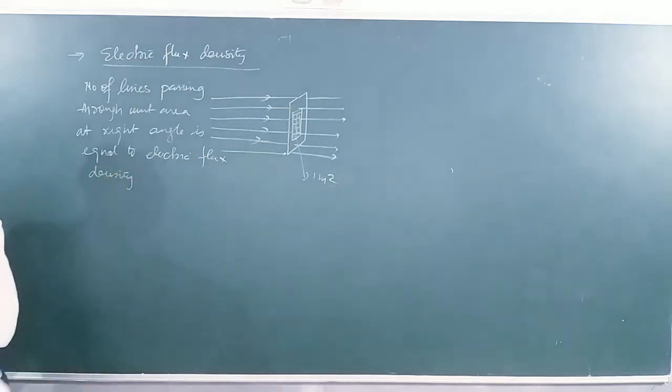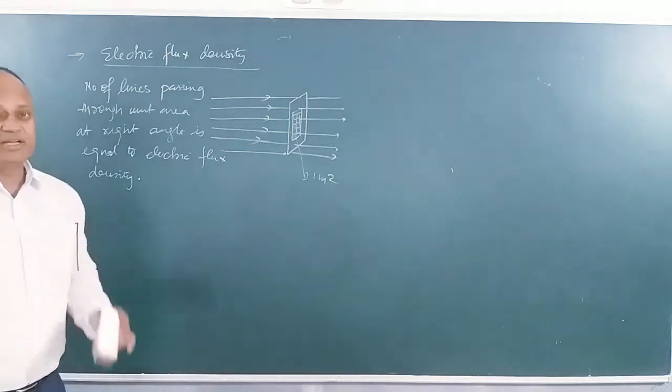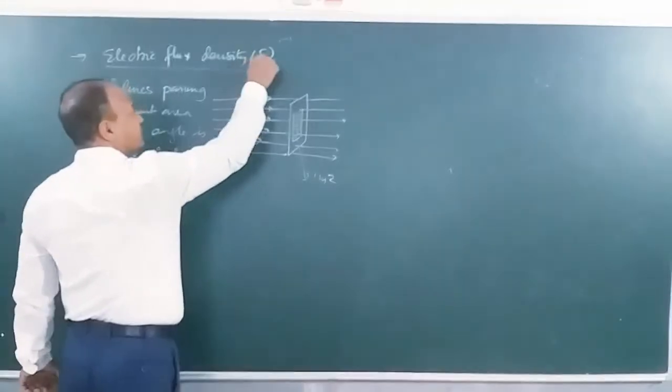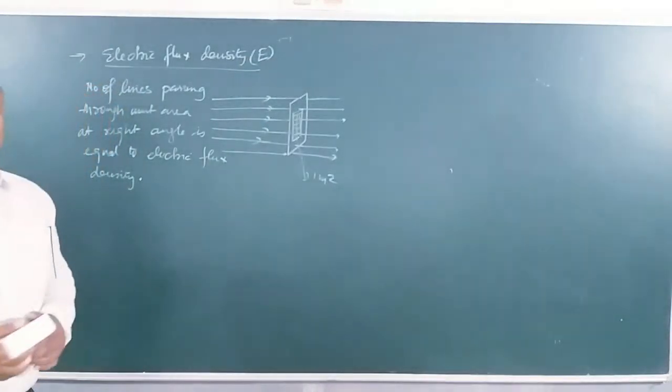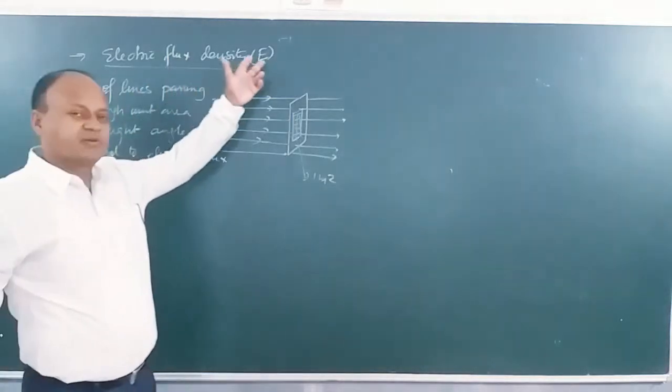And children, electric flux density will have the same value as intensity of electric field. So electric flux density is the same value as intensity of electric field.